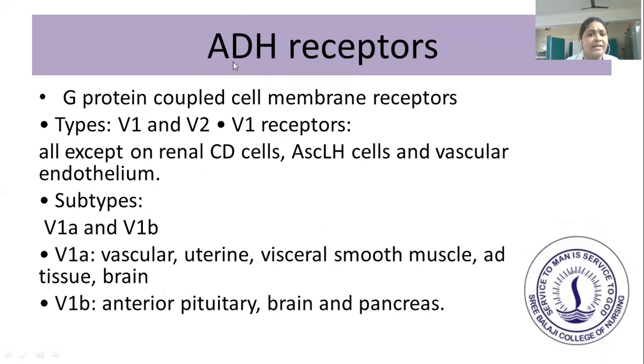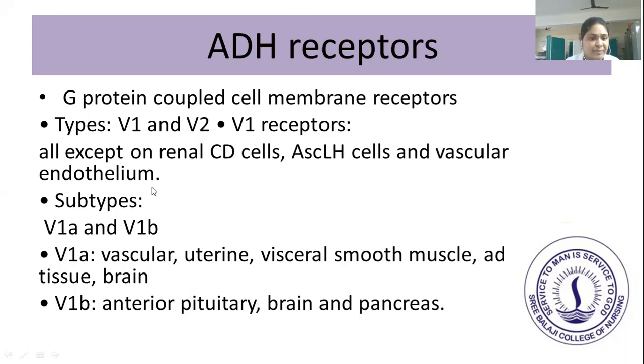And we'll see the antidiuretic hormone receptors. So you have two receptors. One is the G protein coupled cell membrane receptors, and it has two types, V1 receptor and V2 receptor. V1 receptors are present on renal collecting duct cells, ACLH cells, and vascular endothelium.